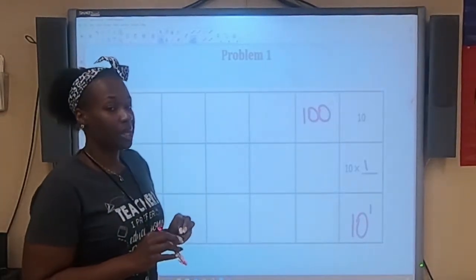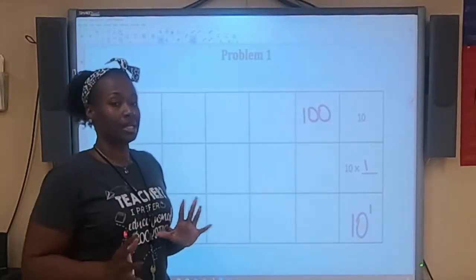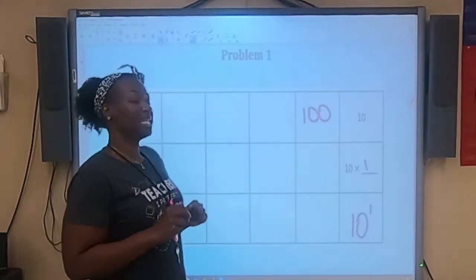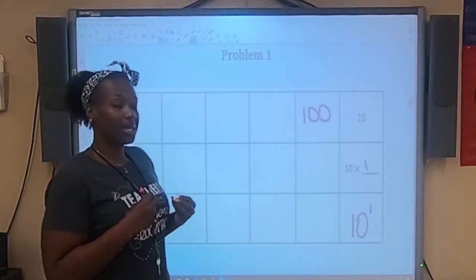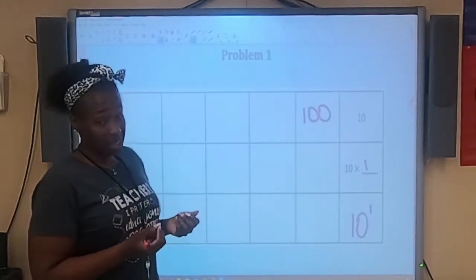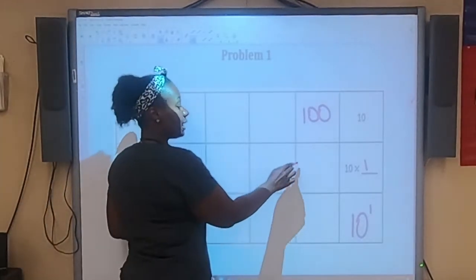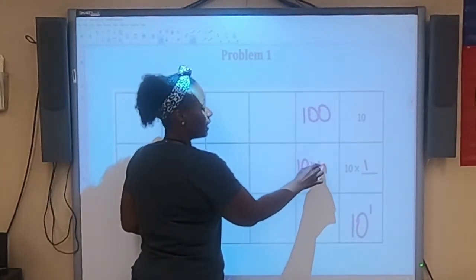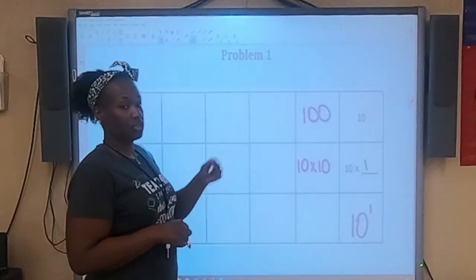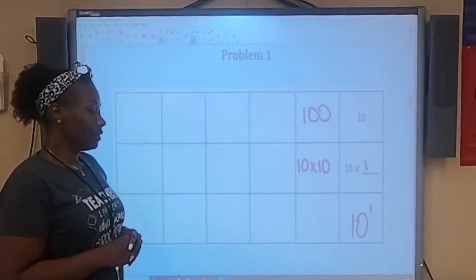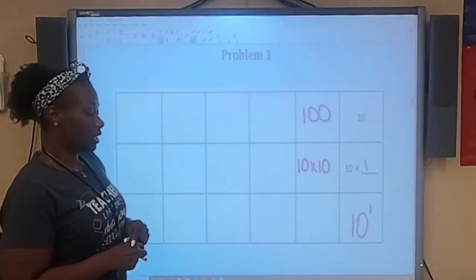This time I want a multiplication sentence, but we're only going to use tens because we're working with powers of 10. So I need a multiplication sentence using only tens that will equal 100. Well, hopefully you're saying that 10 times 10 would give me 100. And now I need my exponential form.